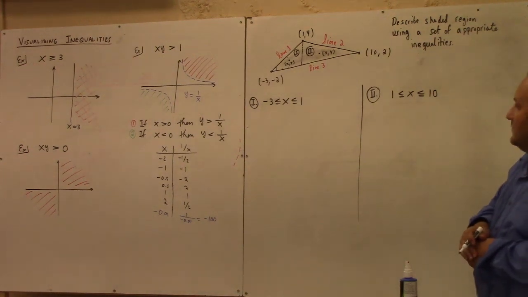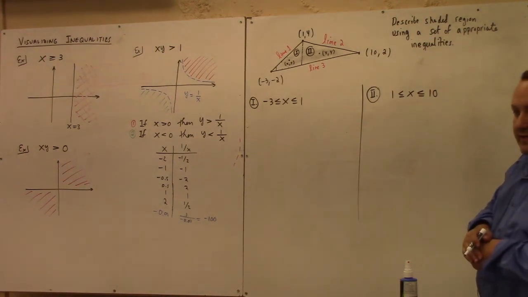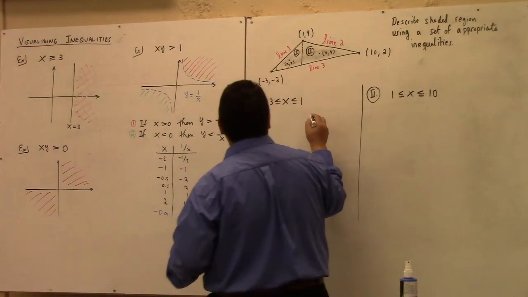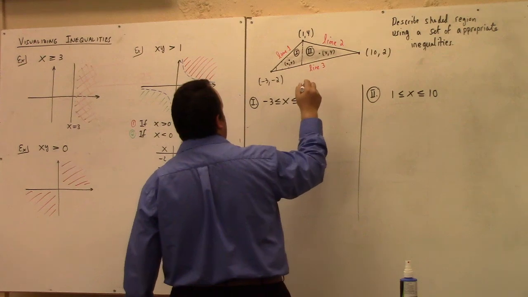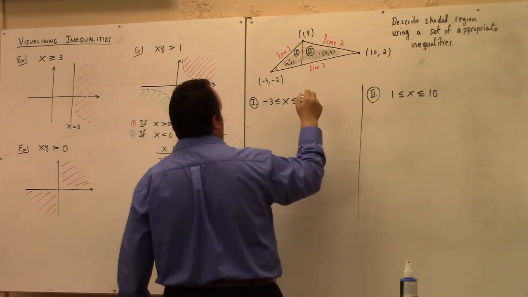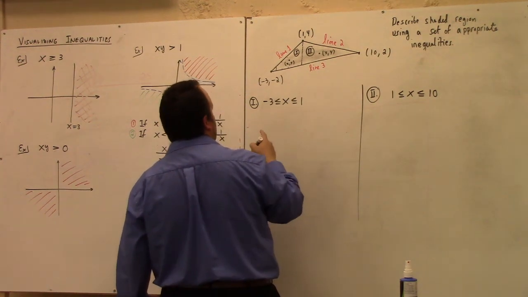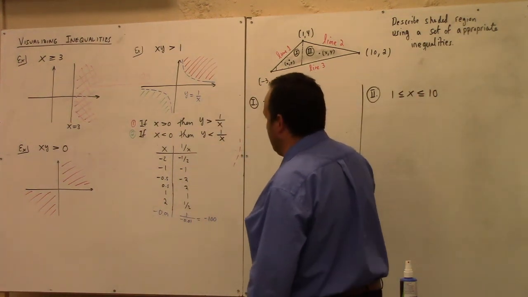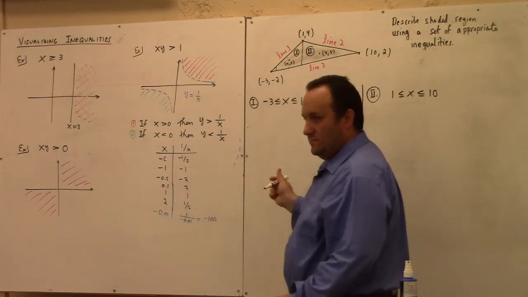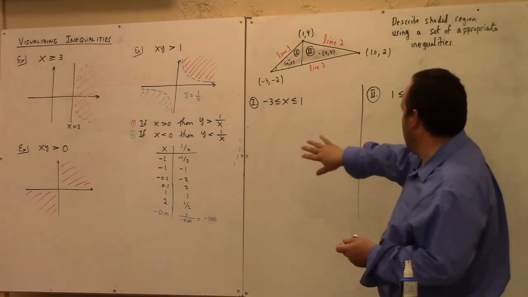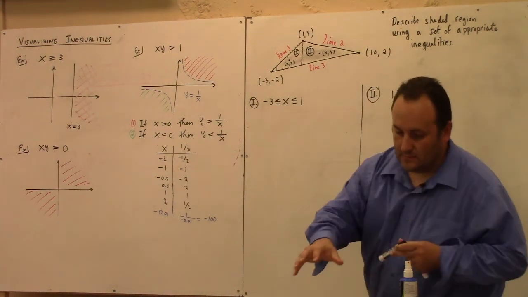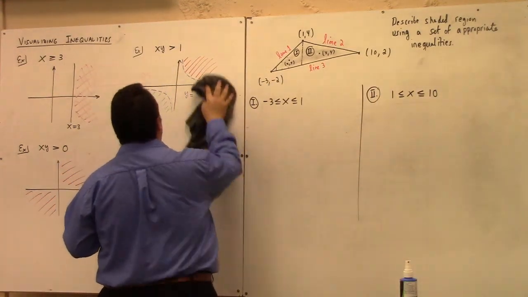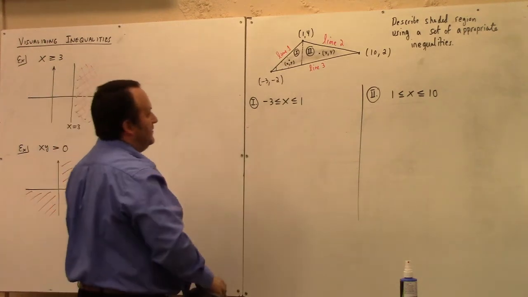So I need to find the equations of lines 1, 2, and 3 to be explicit, right? Let me find the equations for lines 1, 2, and 3 over here, and then I'll use them to put the answers in cases 1 and 2, if that's okay with you guys. So how do we find the equation for line 1?